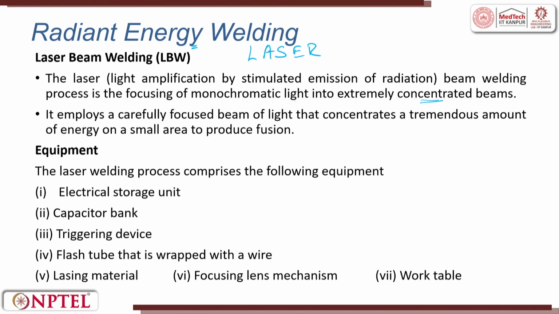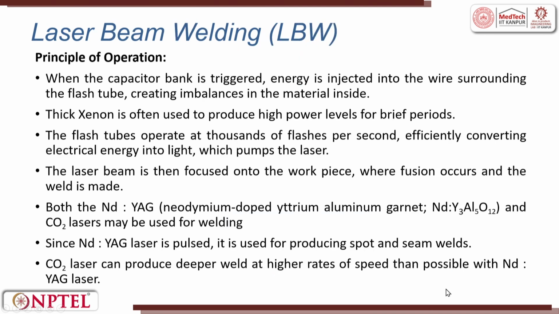So, there is a huge heat flux which hits, and then melting happens. It employs a carefully focused beam of light that concentrates a tremendous amount of energy on a small area to produce fusion. The laser beam process comprises the following: electric storage unit, capacitor bank, a triggering device, a flash tube, then focusing lens and work table. All these are equipment which are part of the laser.